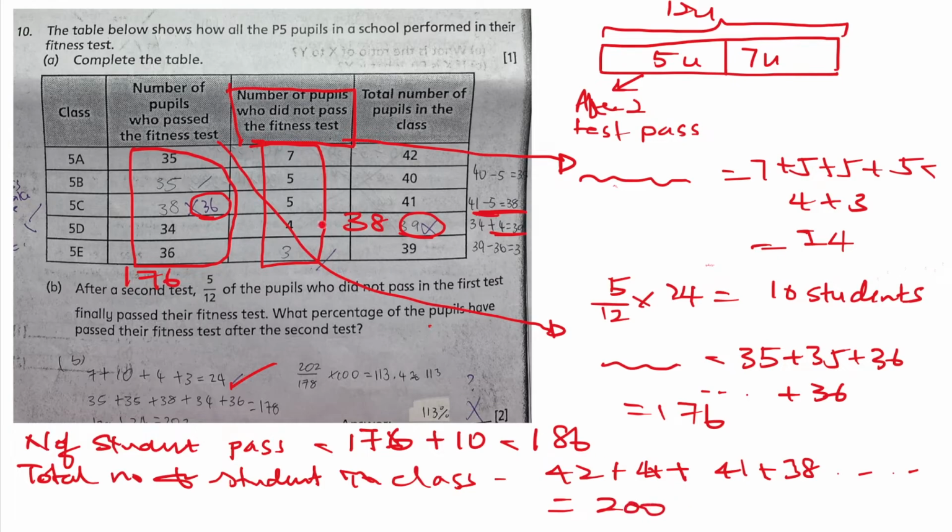So when asking you about the percentage of the students that has passed, you will have 186 divided by 200 times 100%. So it will give you 93%. 93% has passed.